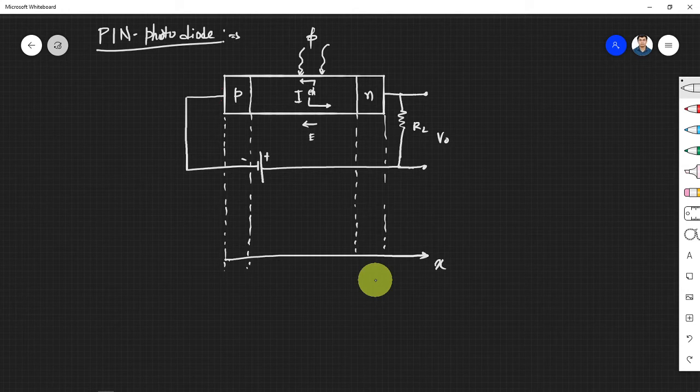This is our X, and this is the electric field E. The electric field at this electrode is 0, right? And now the field will be maximum. So this is minus, the electric field direction is this way.